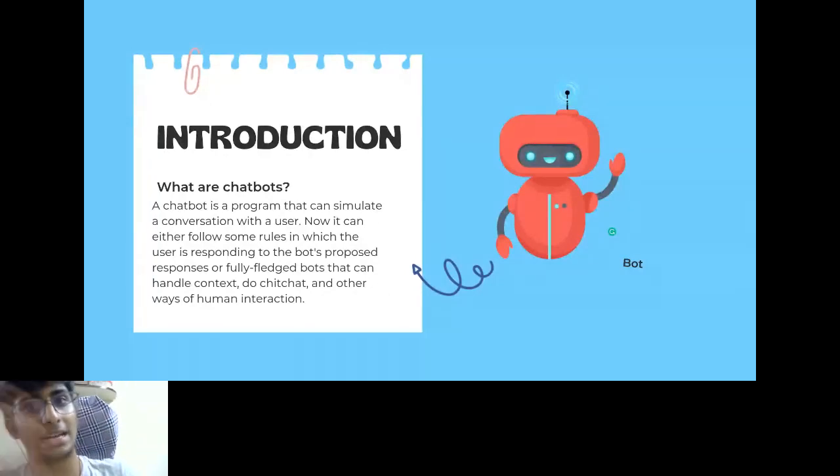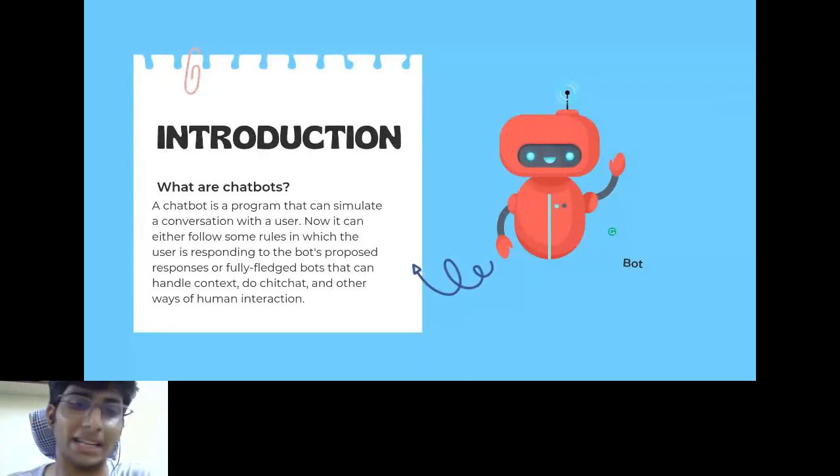If it can handle that, then it is considered able to handle context in the middle of buying a pizza. It can do simple chit chat or other ways of human interaction where it can learn from its AI. The more people talk to it, the more it can learn on its own. Okay, that is the simple introduction, and I hope everyone already knows what chatbots are.